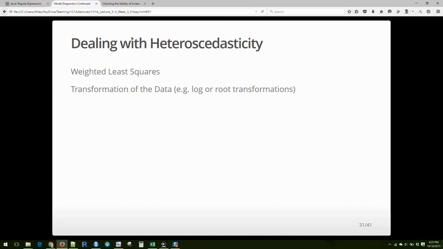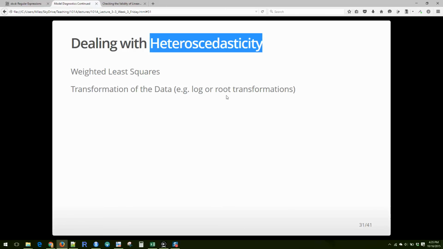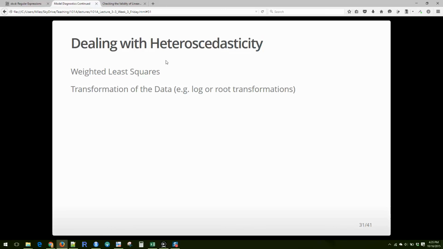Okay, so we have a few ways to deal with non-constant variance or heteroskedasticity. Next week we'll learn weighted least squares, and this week and next week we'll learn transformations of the data.